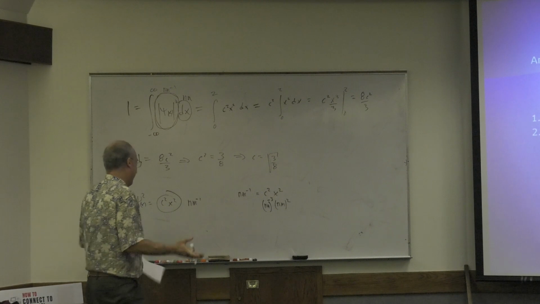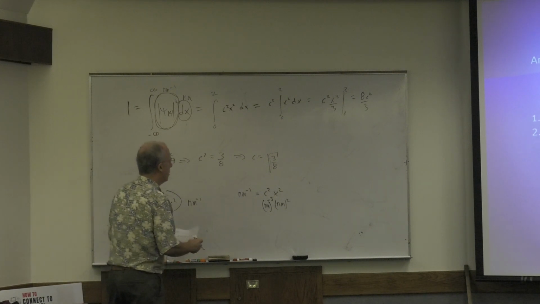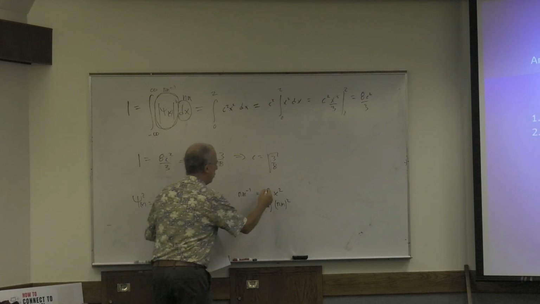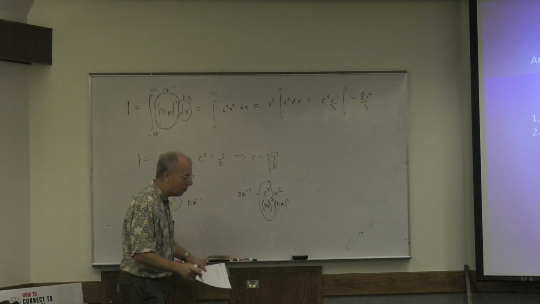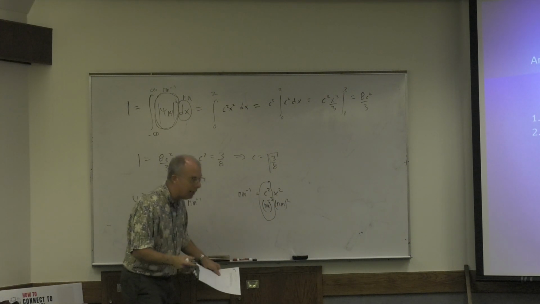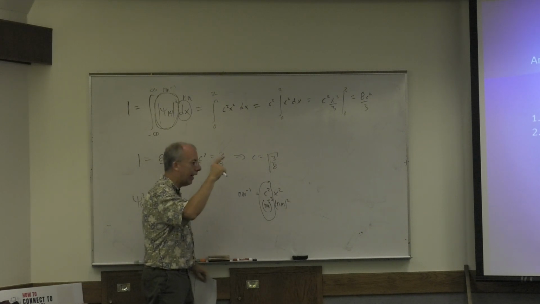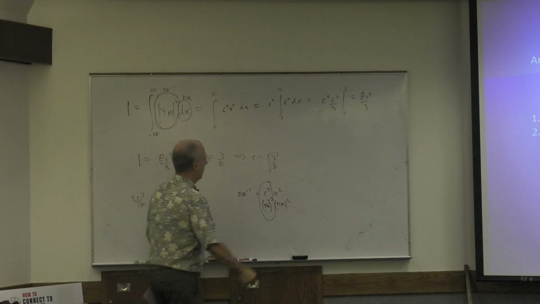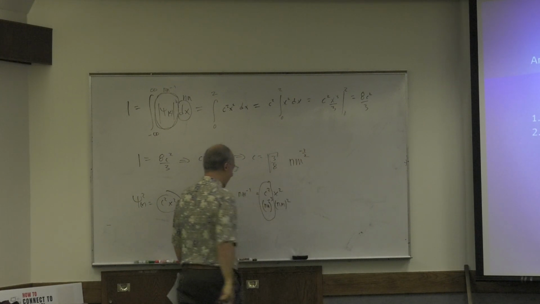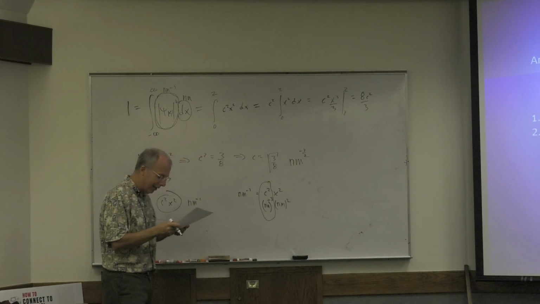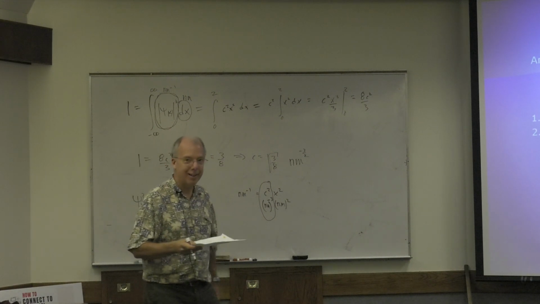So c squared has units nanometers to the negative 3. So what are the units of c? Nanometers to the negative 3 halves. Ha! I told you it's going to be weird.